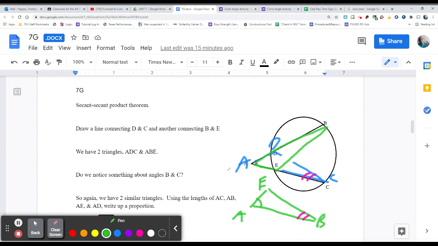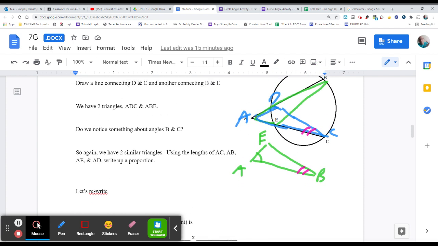So we're going to make some similar triangles here using AC, AB, and AE and AD, okay? Because really with these secant lines is what we have, okay? And so what we have is this.